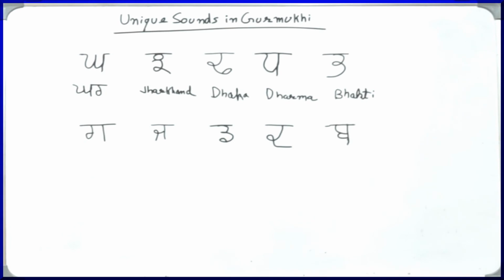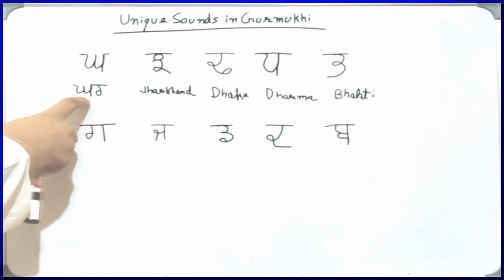Let's revise it again to make sure we understand what we are discussing here. This is Kagga. It is going to give the sound of K. This is Gagga. It is going to give the sound of G. K, G. And the example here is Kar.